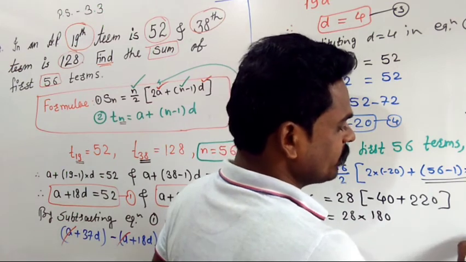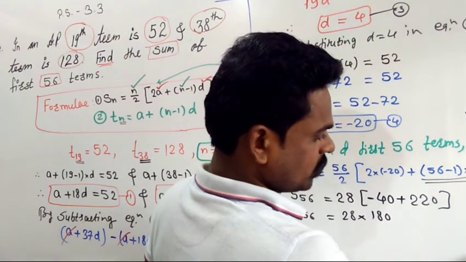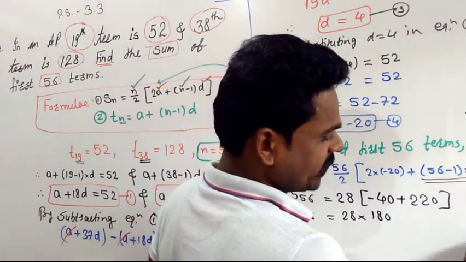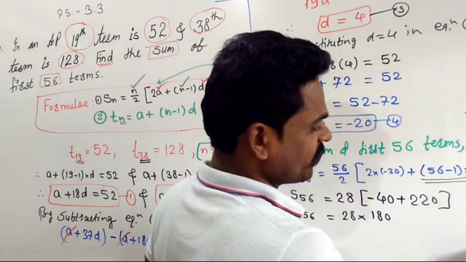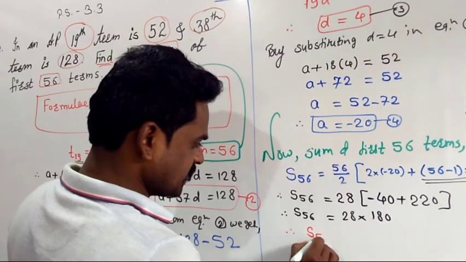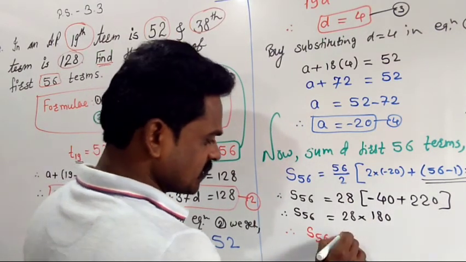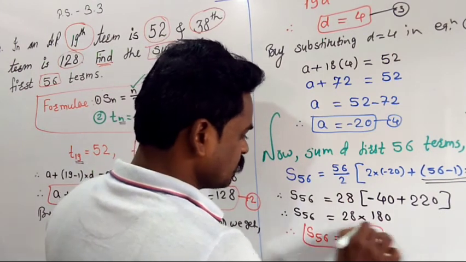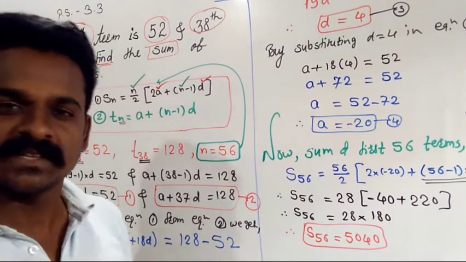We'll do addition. 0 as it is, 4, 6 plus 4 is 10, 1 carried on, 3 plus 1 is 4, plus 1 is 5. So 5040. Therefore S56, that is the sum of all 56 terms, is equal to 5040. That is your final answer.